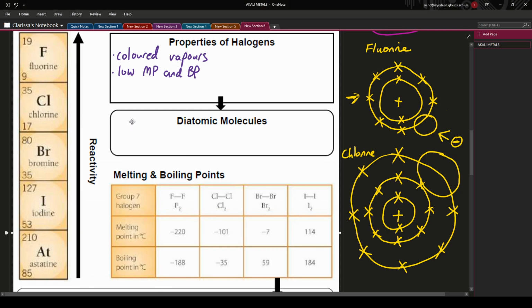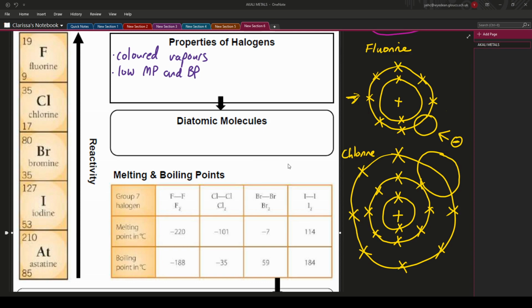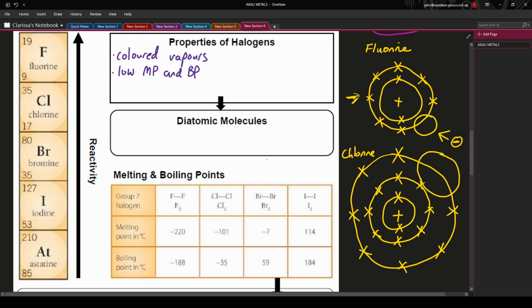Okay, now here's a phrase that I need you guys to be aware of. Diatomic molecules. The prefix di means two.